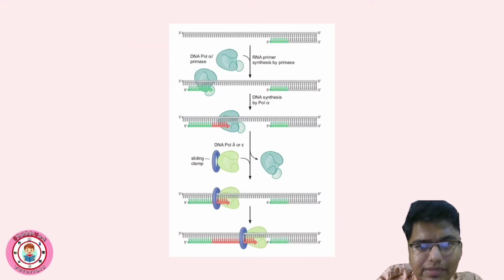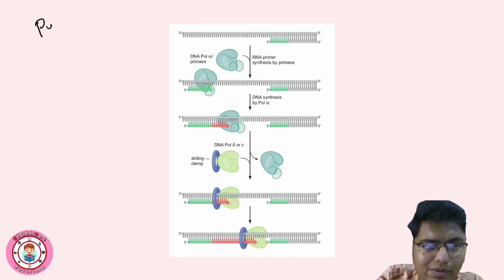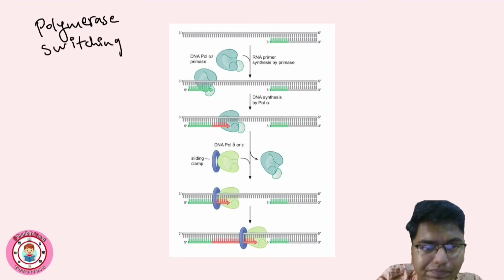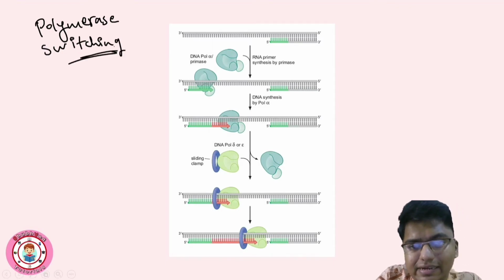Next, there is a very important term in DNA replication in eukaryotes known as polymerase switching. What is this exactly?